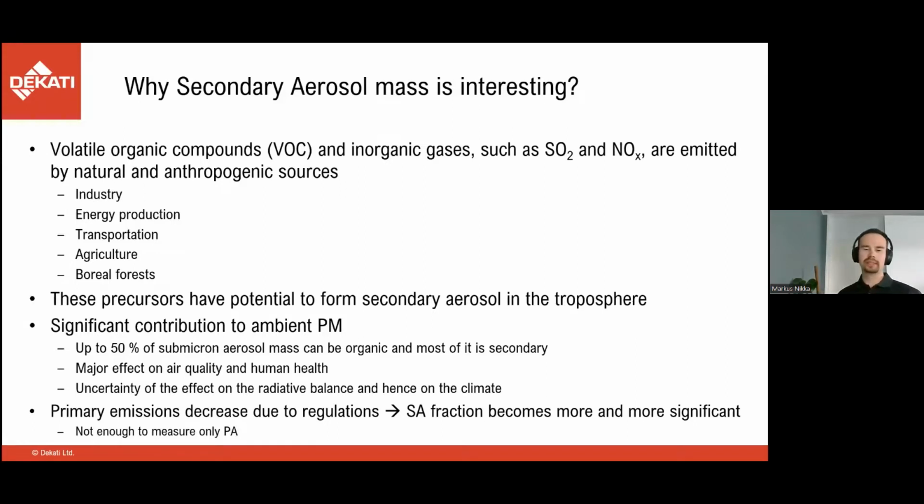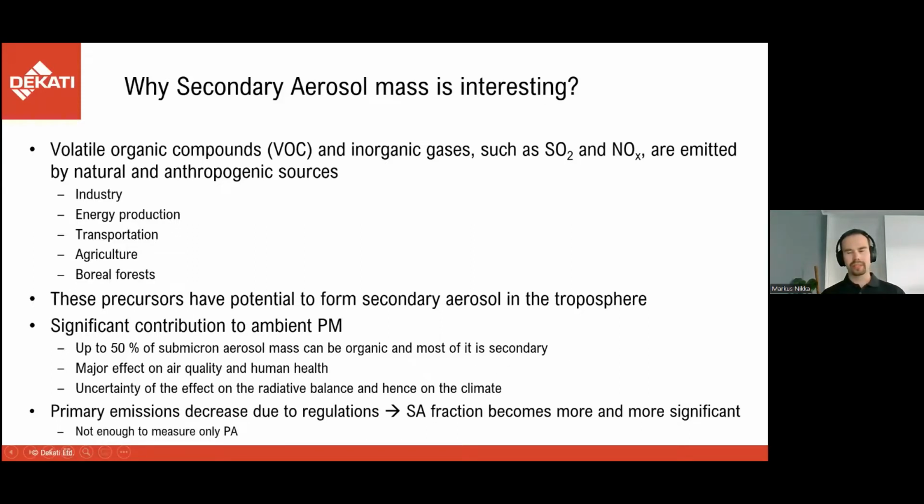So it has a significant effect on air quality and human health, and there's a great uncertainty on the effect of these aerosols on the radiative balance. So we don't really know what the actual effect of these aerosols is on the climate and in climate models.